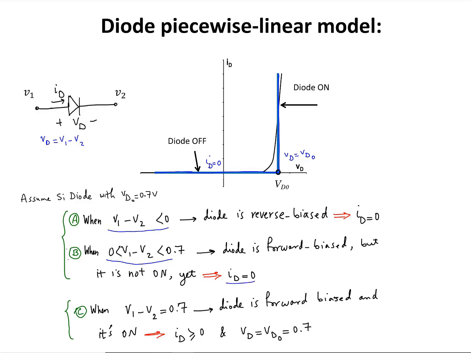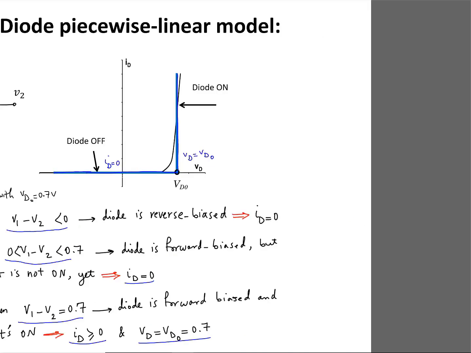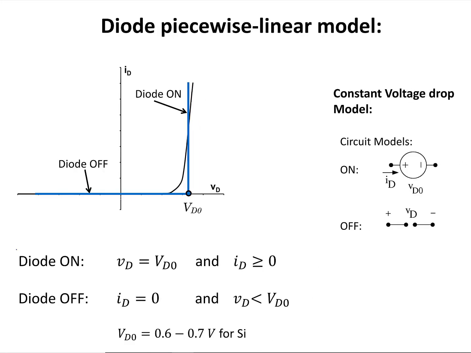As a result, ID is equal to 0. When V1 minus V2, or VD, is equal to VD naught, the diode is forward biased and on. As a result, ID is going to be greater than or equal to 0, and the voltage across the diode is going to be a constant value equal to 0.7 volts.